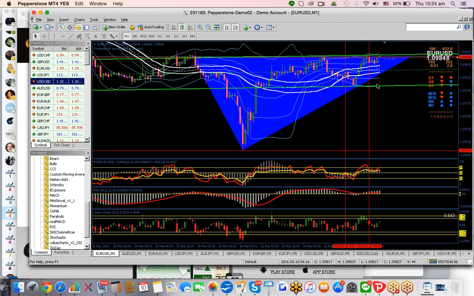If it doesn't break out by then, it probably won't break out. It's just going to go sideways, and it might just go rectangle.